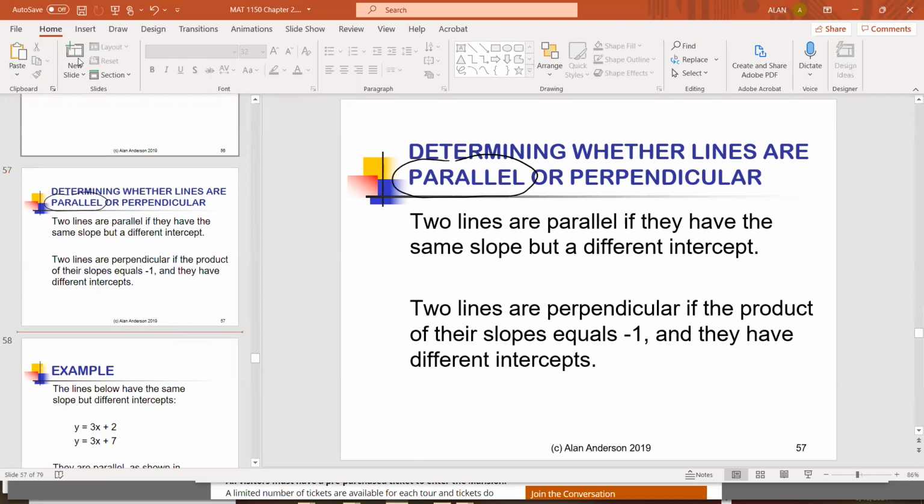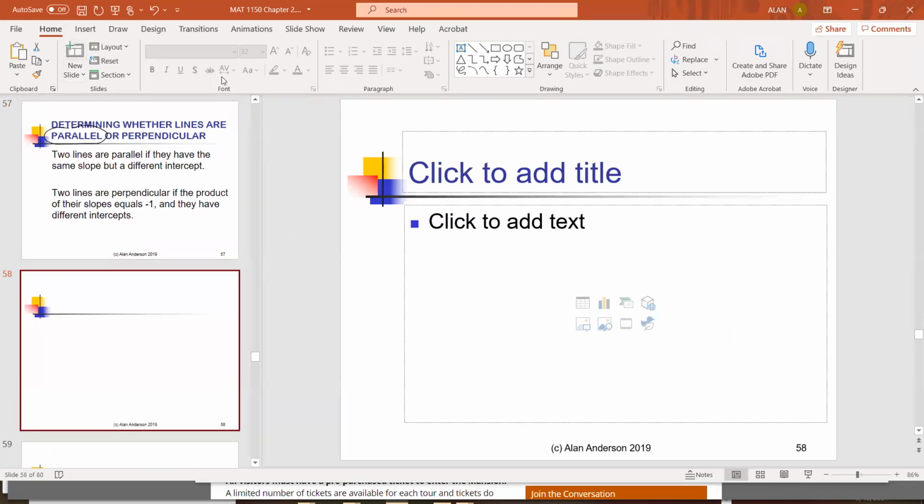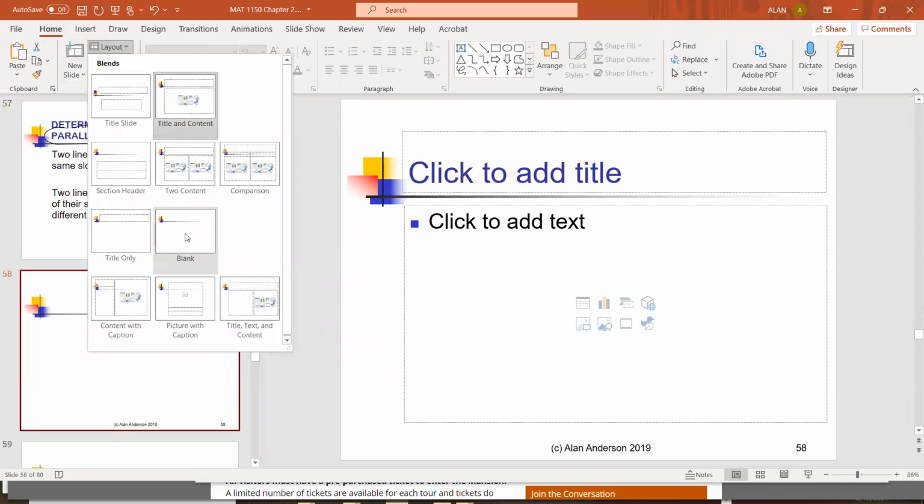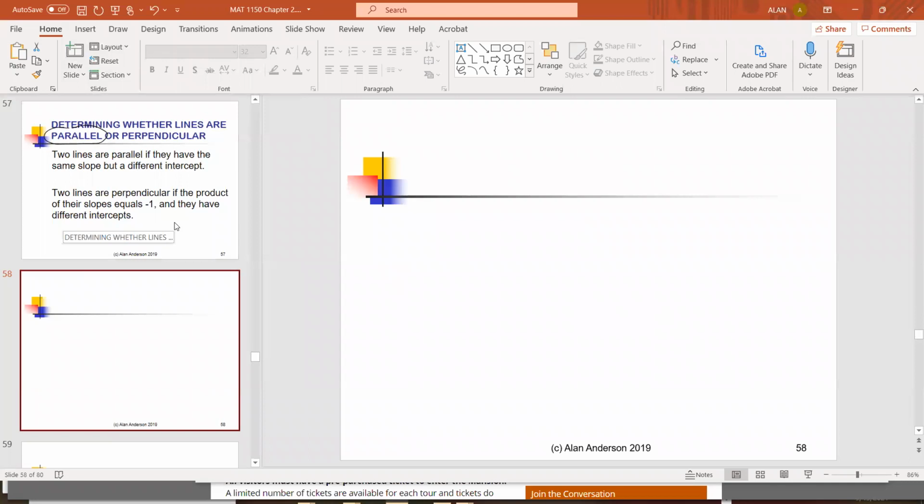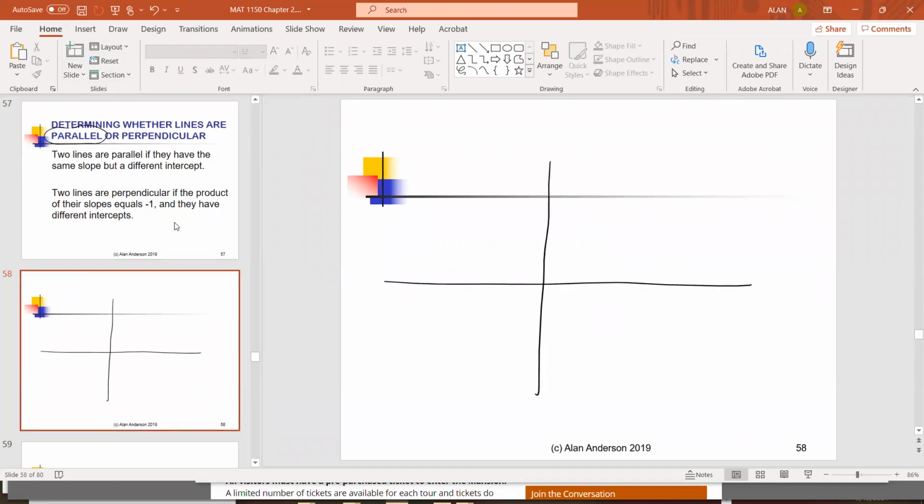All right, let me show you a quick graph of that. Wait, I can tell you what parallel means. Okay, what does it mean? When 2 lines are going to the same direction. Okay, but there's more to it than that. They have to have the same slope.